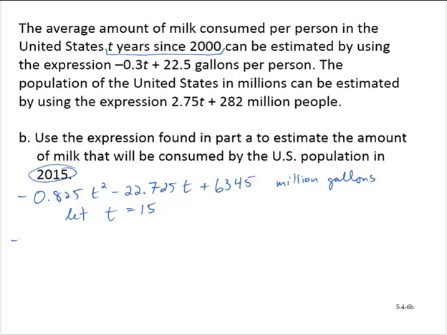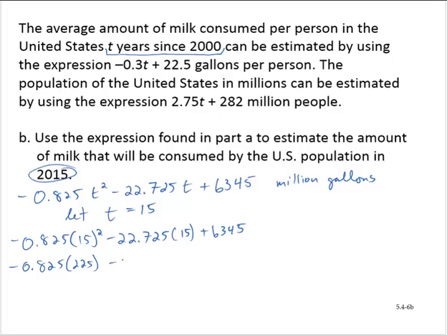So then that would give us negative 0.825 by 15 squared minus 22.725 by 15 plus 6,345. 15 squared is 225. Let's go through the multiplications here.